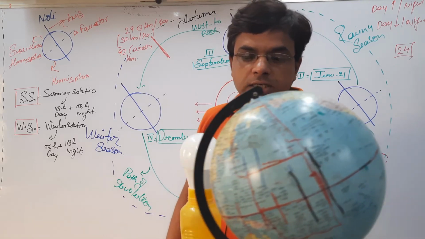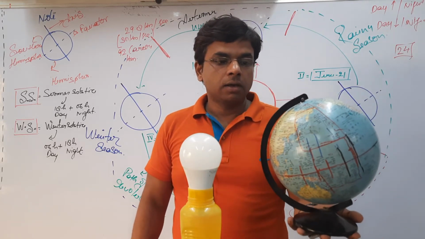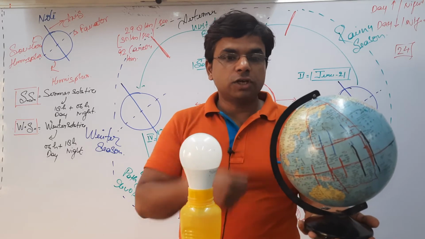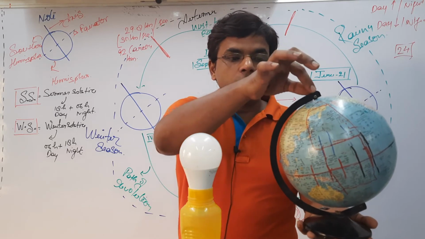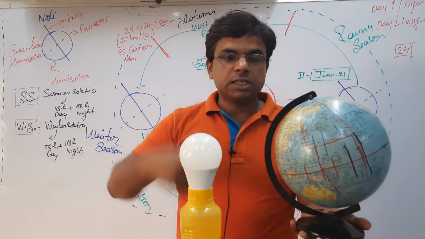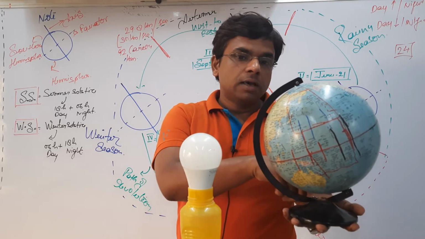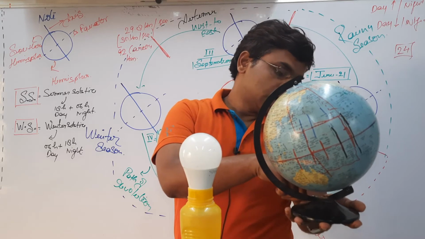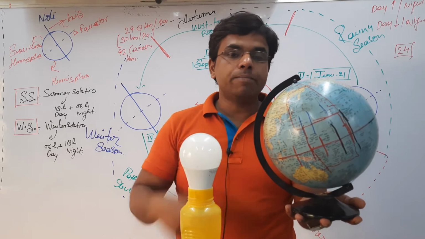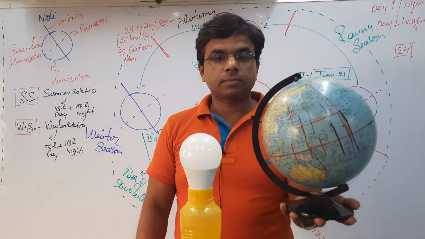But when the earth is revolving on the 21st of June, the North Pole has the minimum distance from the sun, while in the same proportion, vice versa, the South Pole has the maximum distance from the sun.